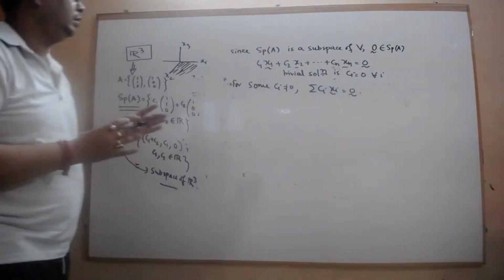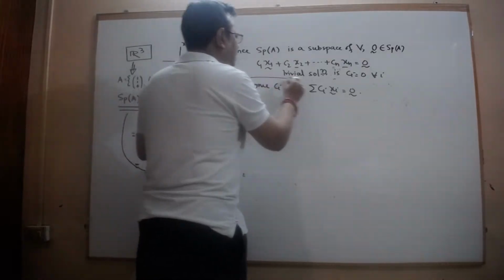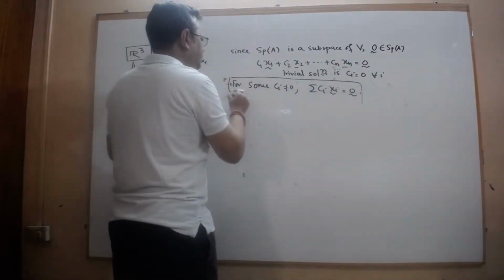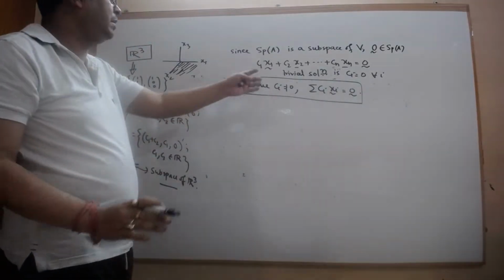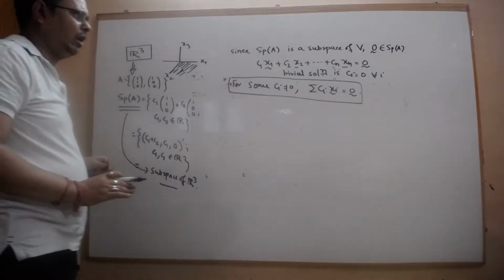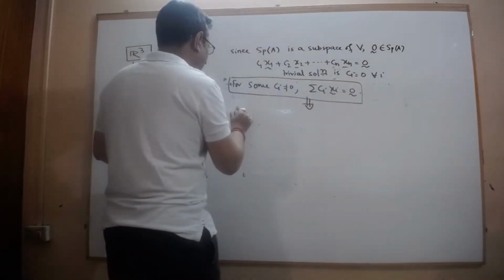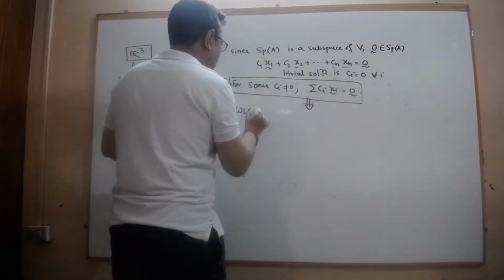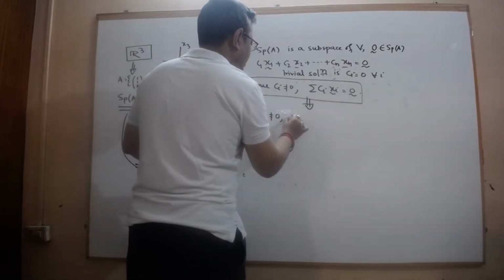So if there exists some set of solution, that means if there exists some Ci non-zero for which summation Ci xi curl equal to null vector, in that case, without loss of generality, say C1 not equal to 0.